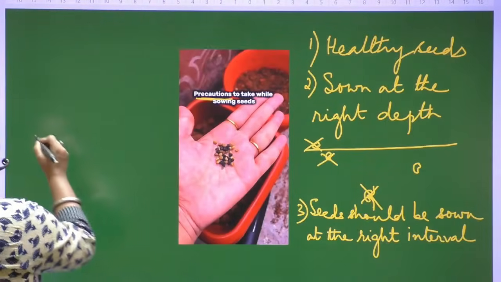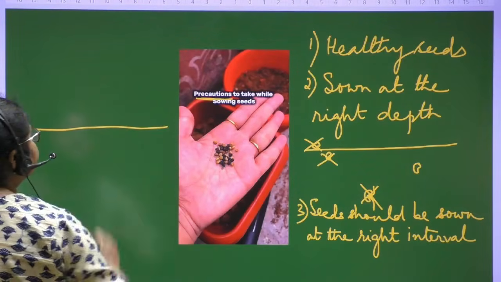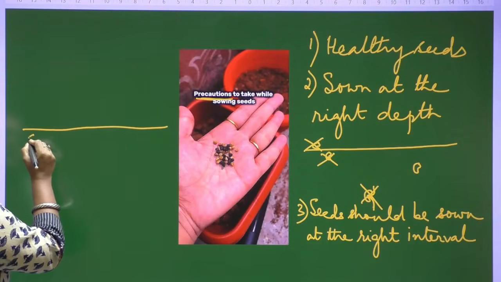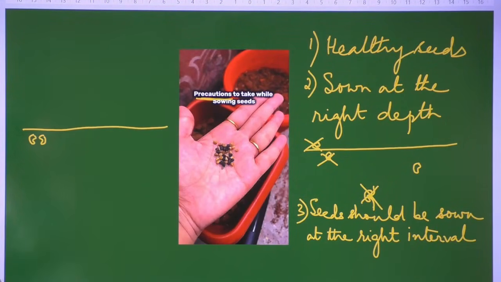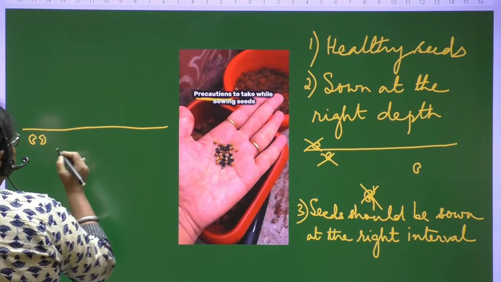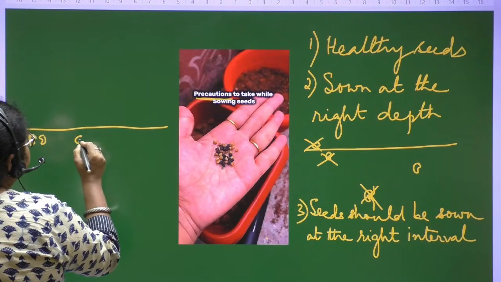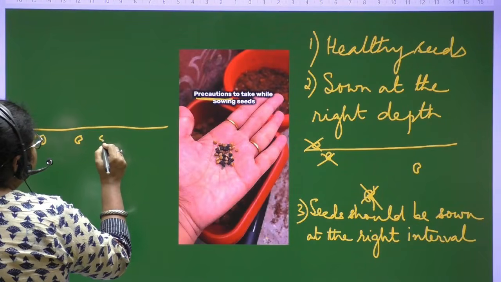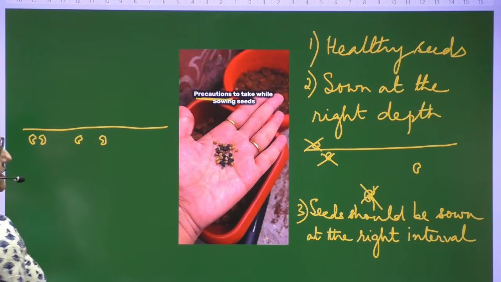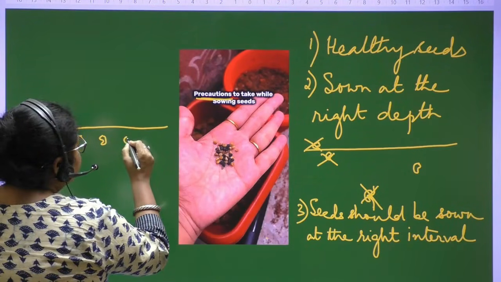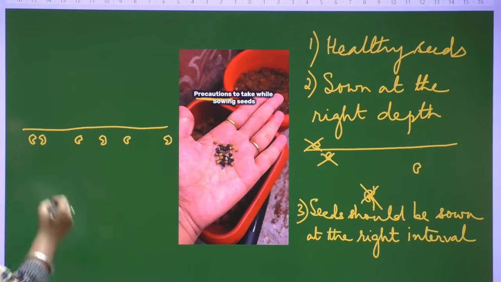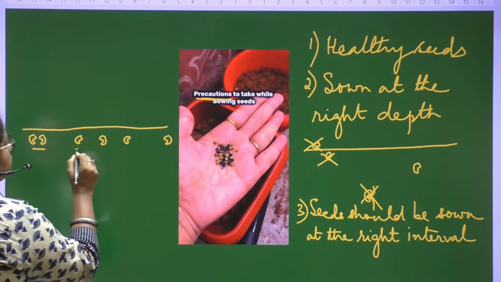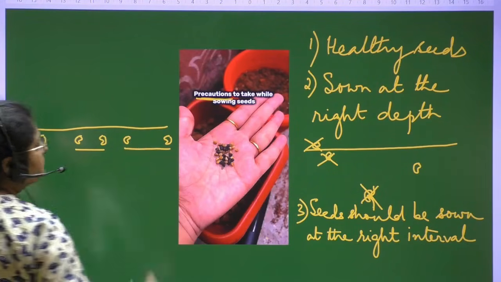Suppose, for example, this is the surface of the soil. I place two seeds very close to each other, right? Then I place two seeds somewhat distant from each other, and then I place two seeds very far away from each other. So this is one set, this is another set, this is the third set.